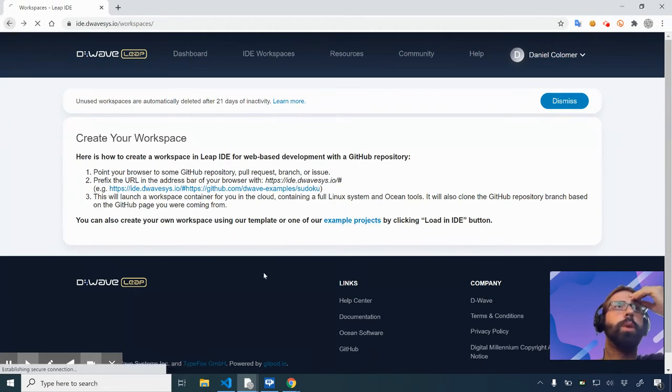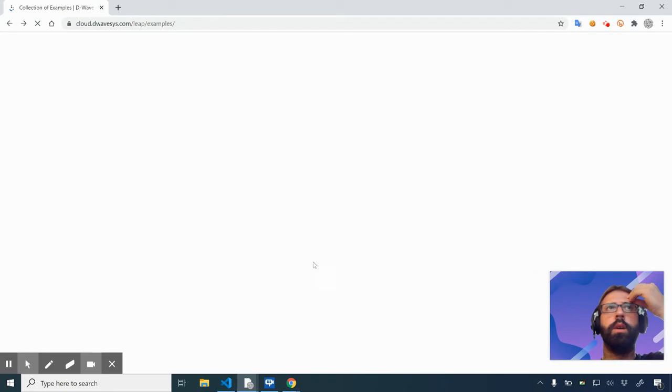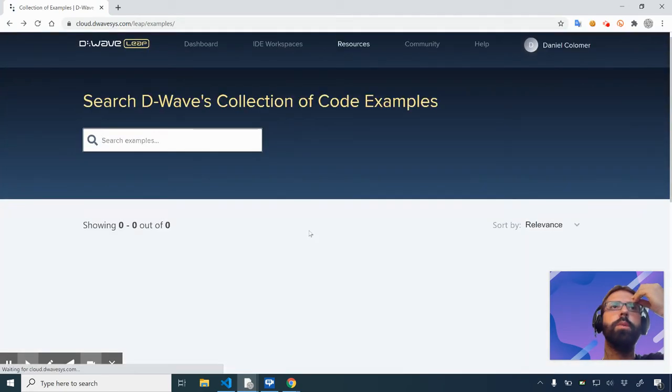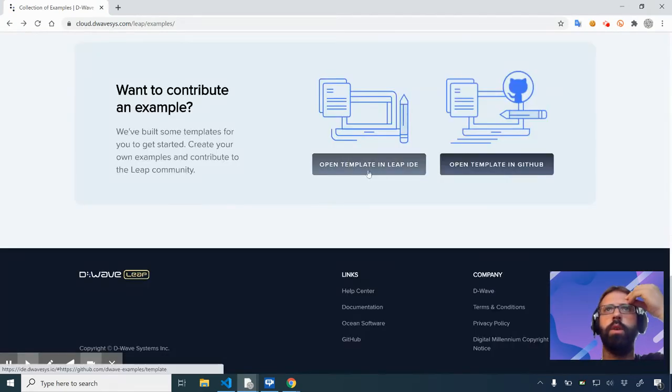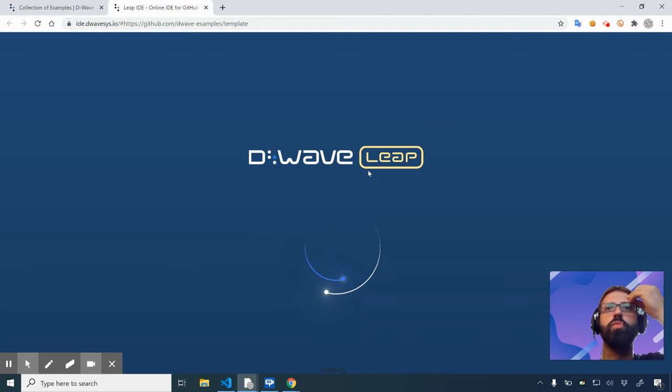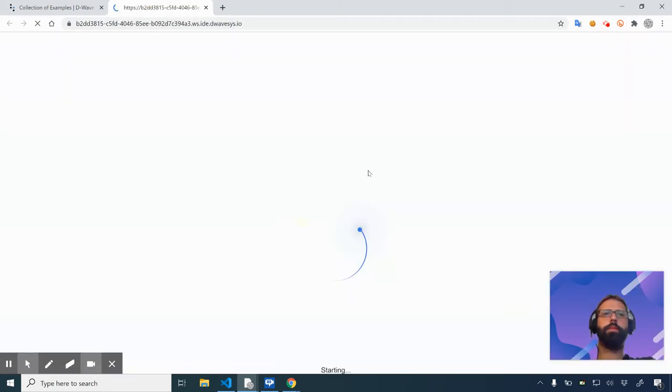So that's what I saw there, I guess. So it seems to be fairly, okay, so open template in Leap IDE. What is this? Okay. Starting. It seems fairly straightforward to get started with it.